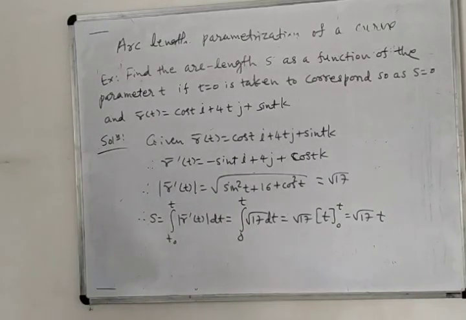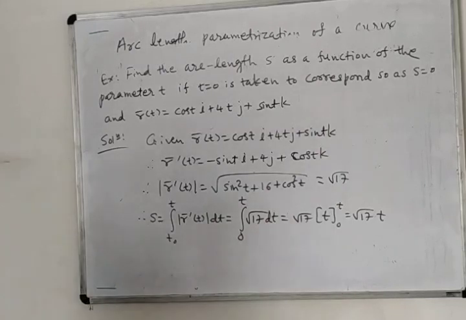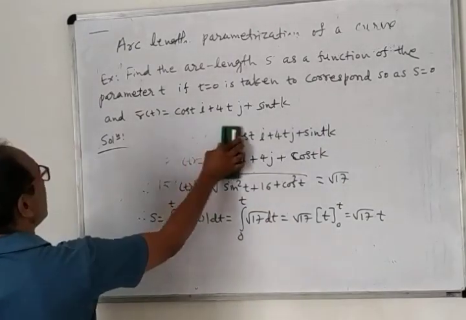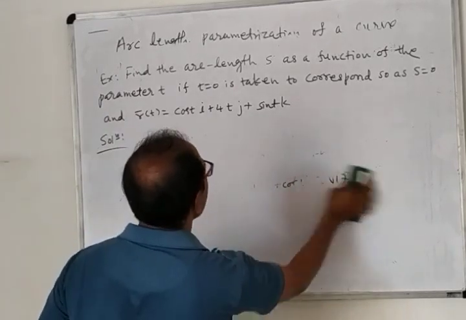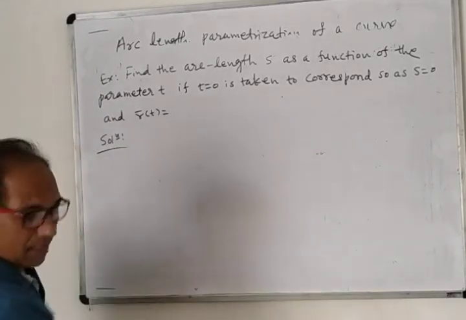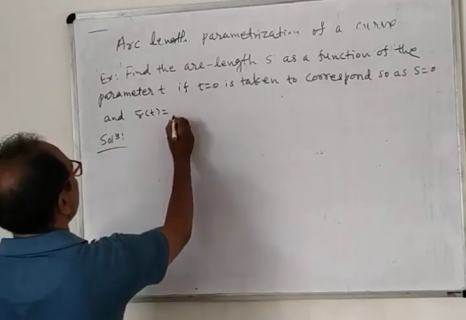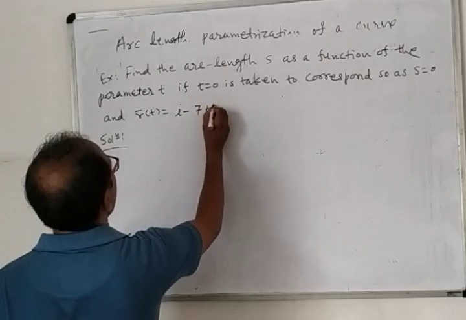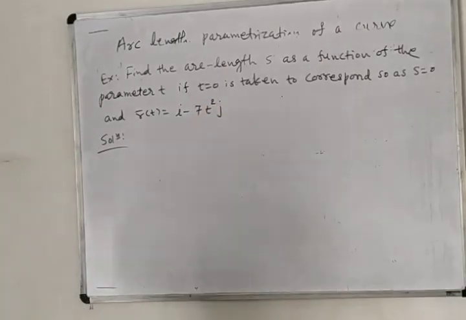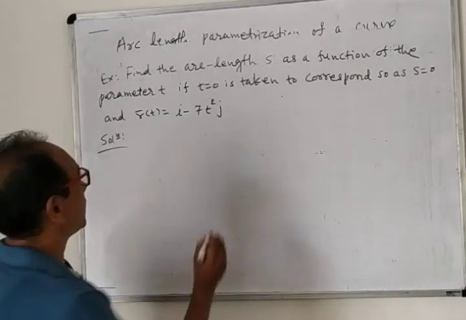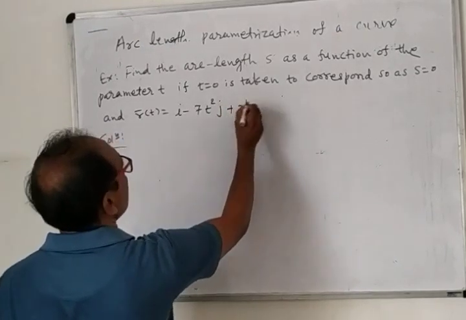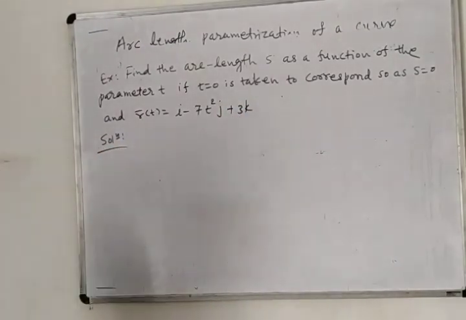So all of you write down this. Here I will give you the same example with different r bar t, for your homework. I will change r bar t as i minus 7t square j plus 3k. So you solve this one as in the previous one.